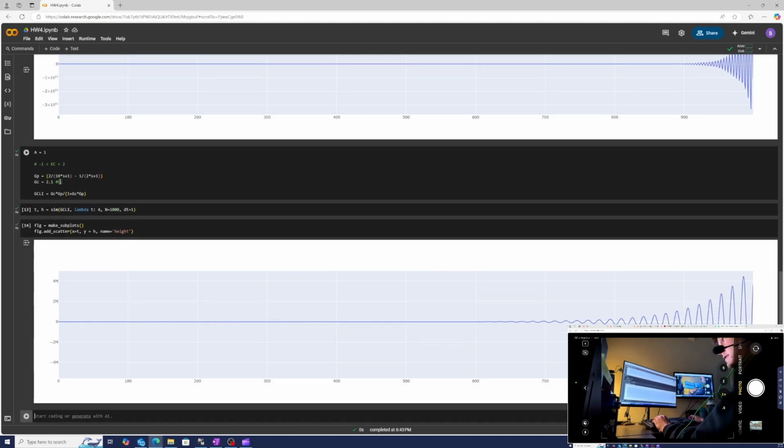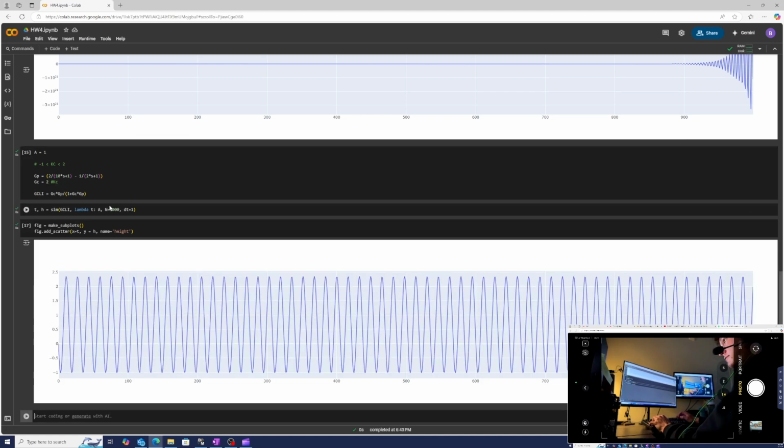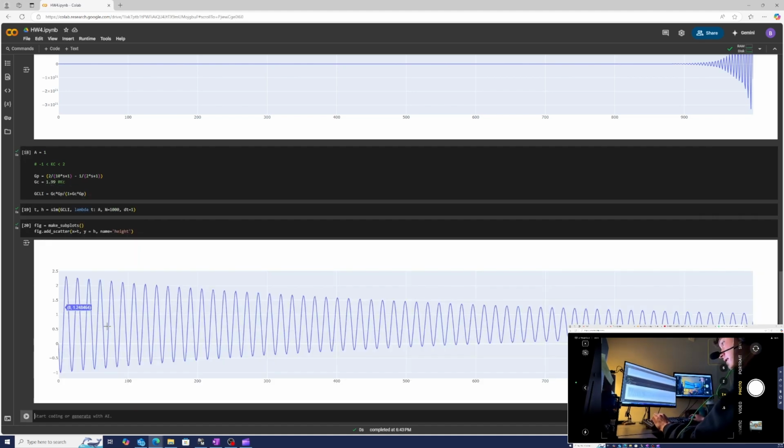So that is testing our upper bound of 2. We'll put it right at 2, and as you can see, no stability. And if we go just below, 1.99, it eventually becomes a stable system.